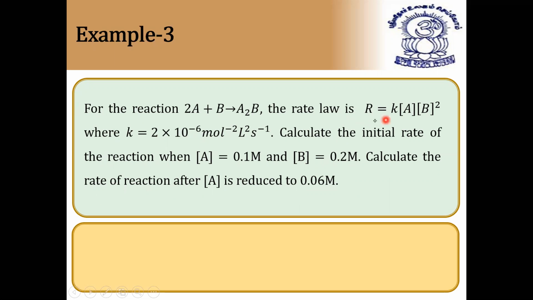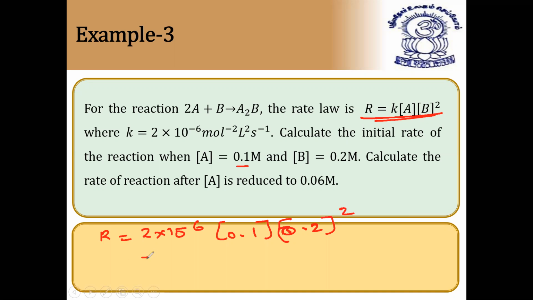So for the initial rate, the rate expression is already given. Straight away applying the formula, R is equal to K, which is given as 2 into 10 to the power of minus 6, into concentration of A, which is 0.1, to the power 1, into concentration of B, which is 0.2, whole square.